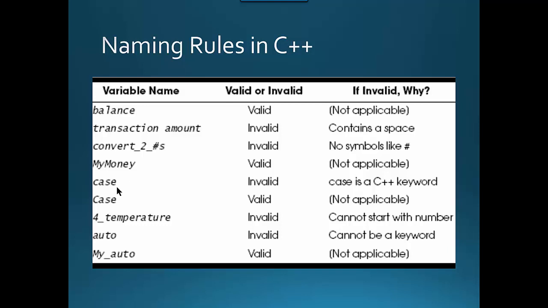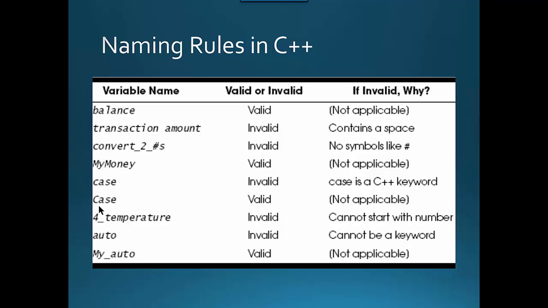Case, that's invalid because it's a keyword. There's actually a command called case, and when the compiler gets that, it's not going to read that as your variable. It's going to treat it as a keyword, and then it'll be confused because probably it won't be a properly formed case statement.